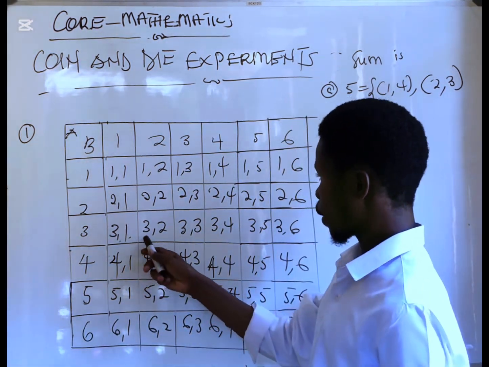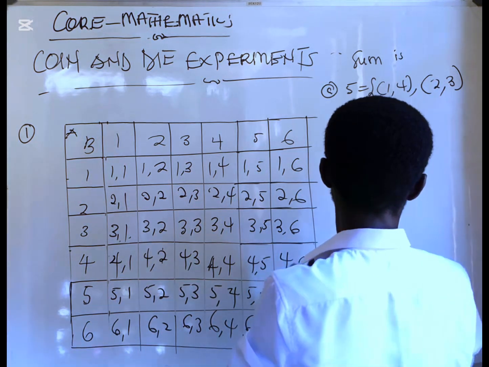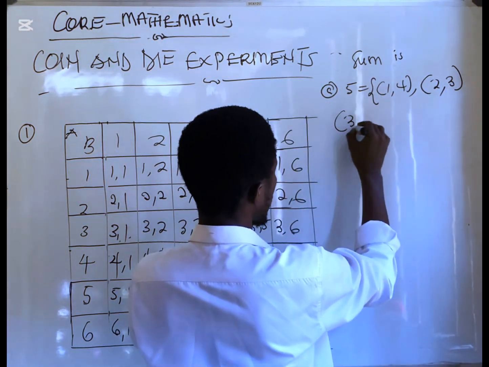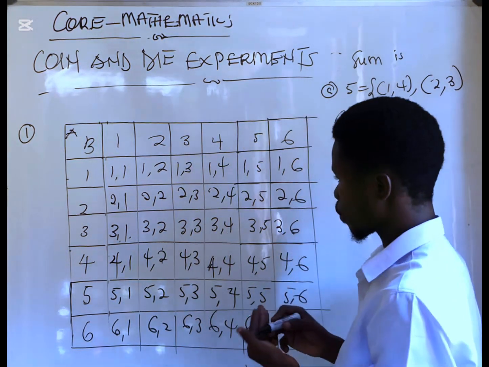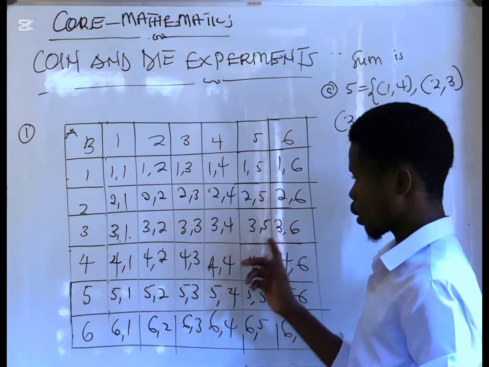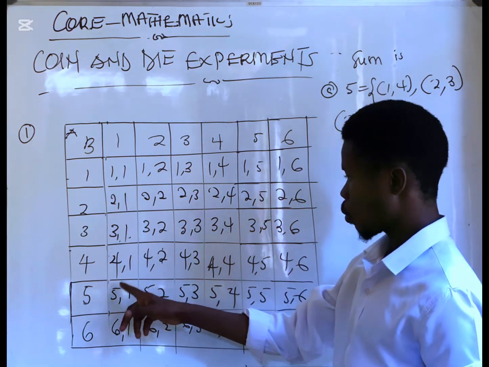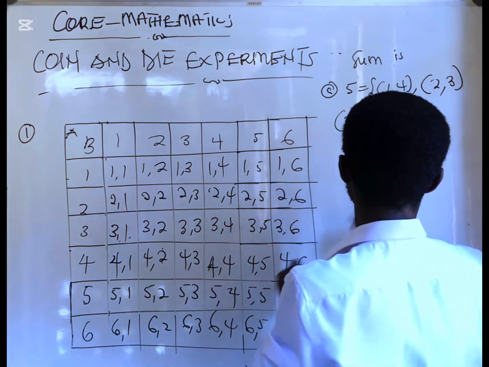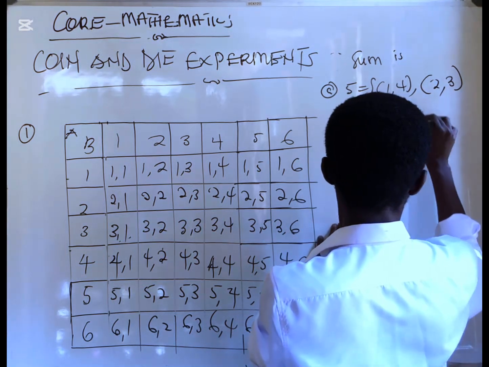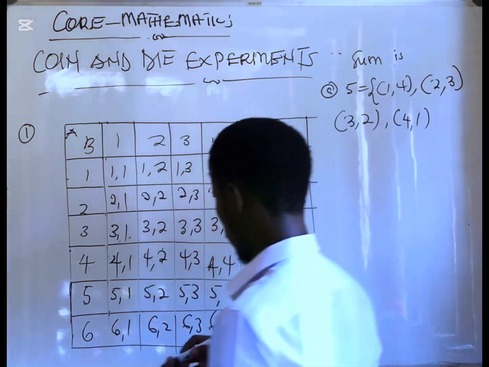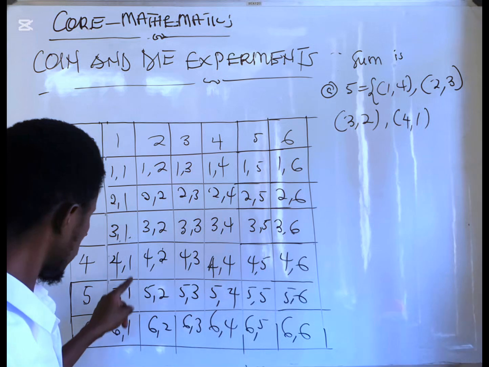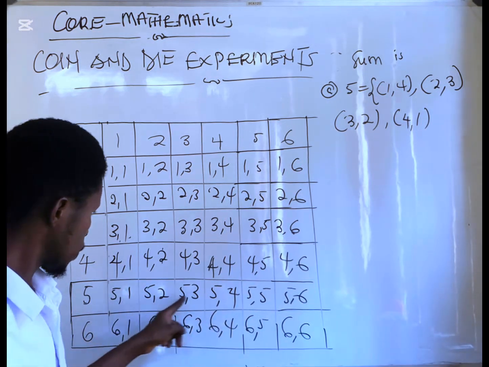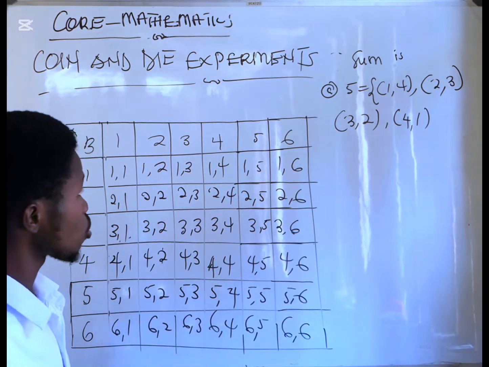Here when you come, you also have 3 plus 2. 3 and 2 here. After 3 and 2, there's nothing there again. Here I can have 4 and 1. So 4,1, and that's all.